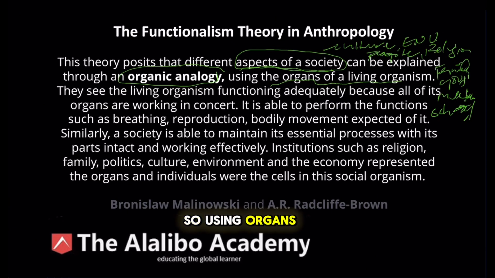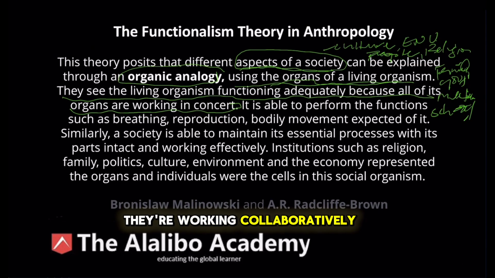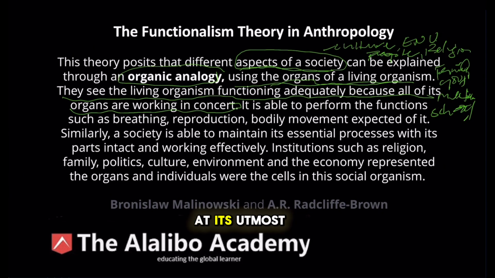So let's take a look at this closely. So using organs of a living organism, they see the living organism functioning adequately because all its organs are working in concert. They're working collaboratively to ensure that the organism is at its utmost functionality.